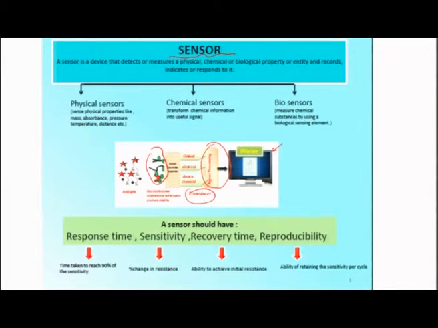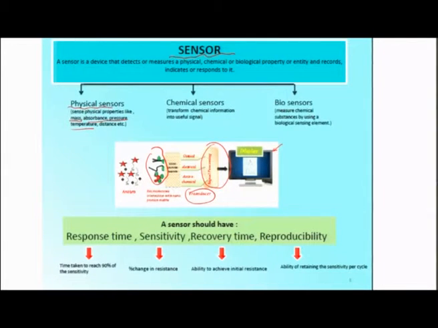Okay. So this is how typically a sensor is categorized, and we also learned in our earlier exercises that there are physical sensors, chemical sensors and biosensors based on what they are really sensing. So if there is a physical property like mass or absorbance or pressure or temperature or distance which is being measured, you call it a physical sensor.